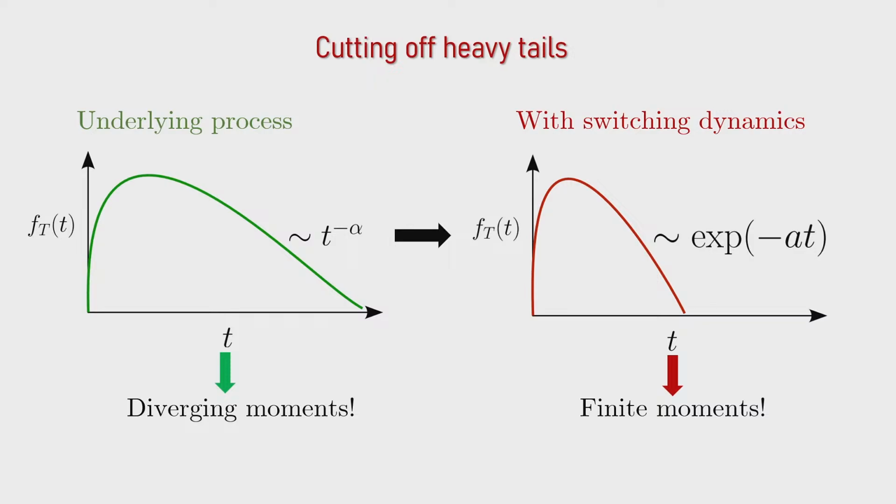However, when you impose this return dynamics on the searcher's motion, the first passage time distribution becomes exponential tailed, and that in principle implies all the moments of this distribution are finite now. So earlier you had a process with infinite mean, variance, everything, but now, with this new dynamics, you have all the moments finite.